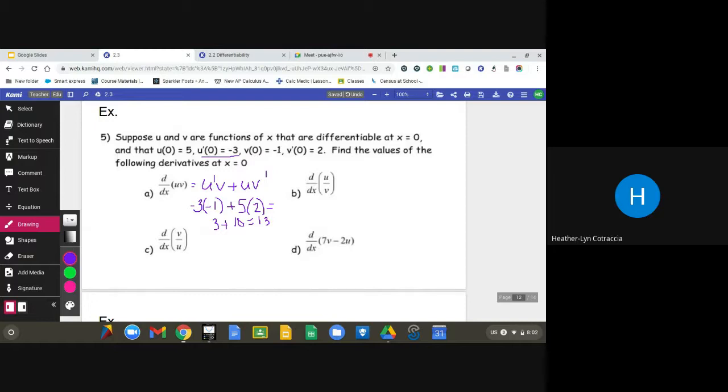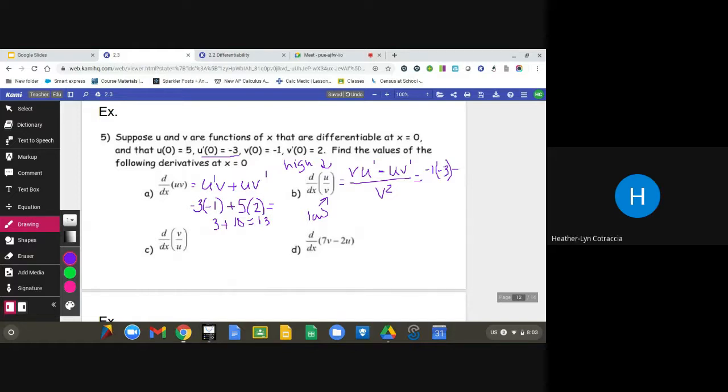Same thing over here. So here's your fraction. Remember, this is going to be your low, and this will be your high. And the saying goes low d high minus high d low all over low squared. And then we just fill in our numbers. So V is -1 times U prime, which is -3, minus, and I'm going to run out of room.